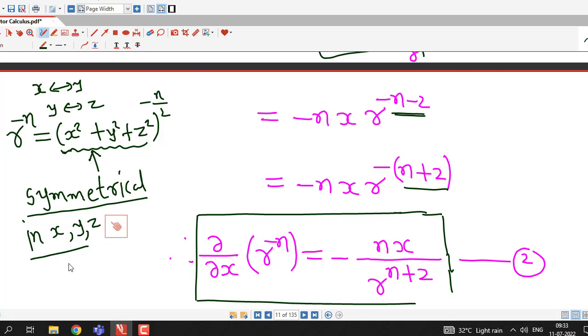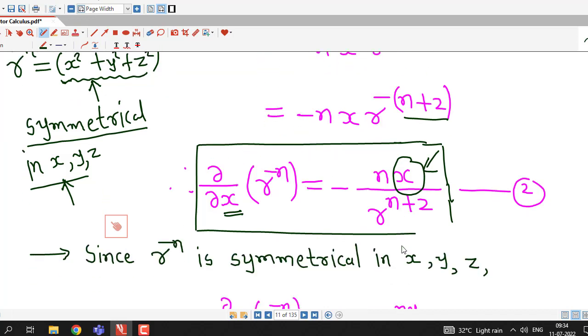So using this fact, we can write down two other partial derivatives with respect to y and z simply by interchanging this variable. If we are interested in del by del y, here x will be replaced by y, and if we are interested in del by del z, this x will be replaced by z.